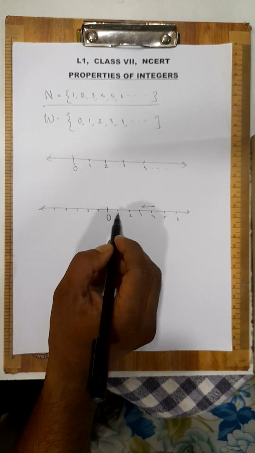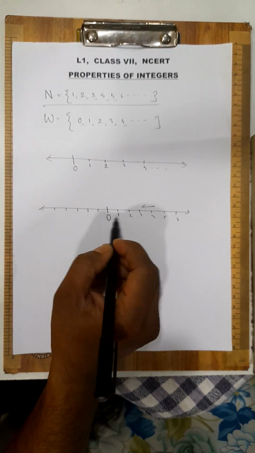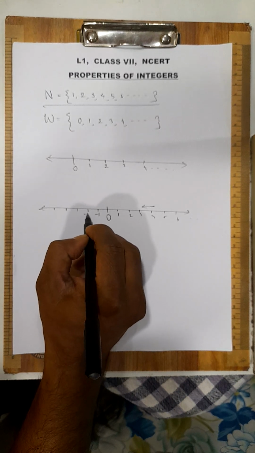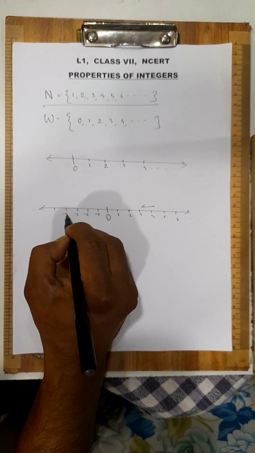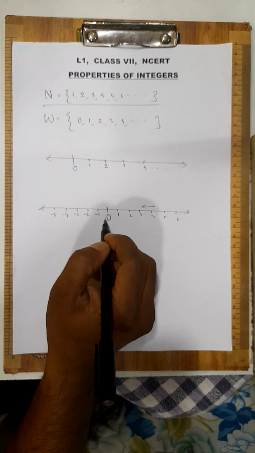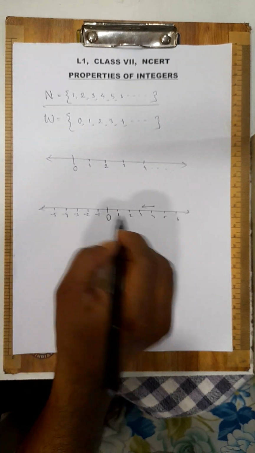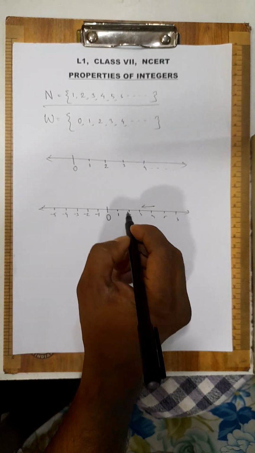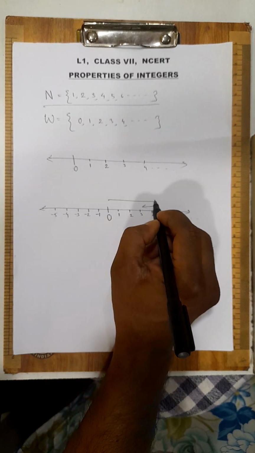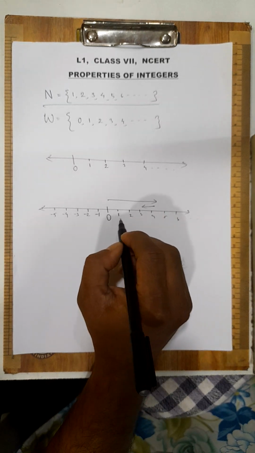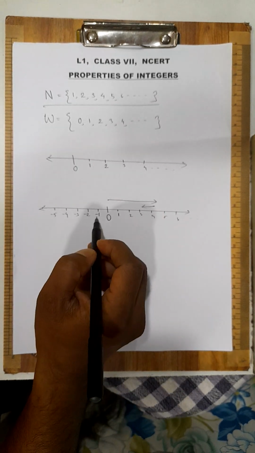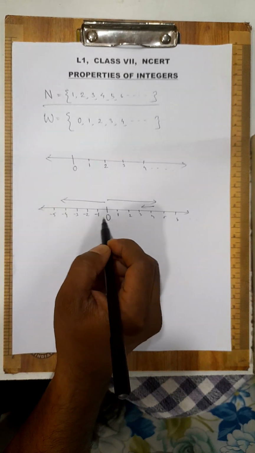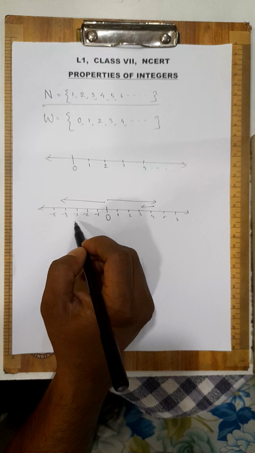Since they are also equally spaced just like on the right side of 0, we will name them minus 1, minus 2, minus 3, minus 4, minus 5, etc. Since they are on the left hand side of 0, when we are considering the right hand side of 0, these are positive integers, and when we are considering the opposite side, left side of 0, we are considering them as negative.